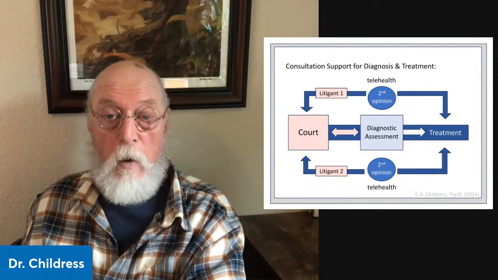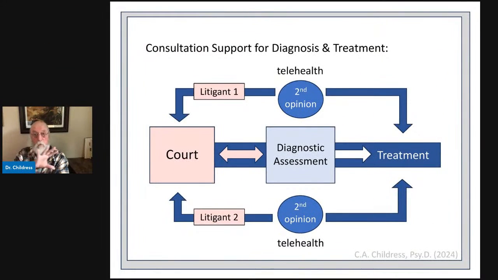Now, here's what that would look like longitudinally. So we have the court, we have the 2 litigants, and we get the second opinion on the diagnostic assessment there in the center. That diagnostic assessment, that diagnosis, goes back to the court for the court's decision making, and it goes forward into the treatment as the foundation for the treatment. Diagnosis guides treatment.